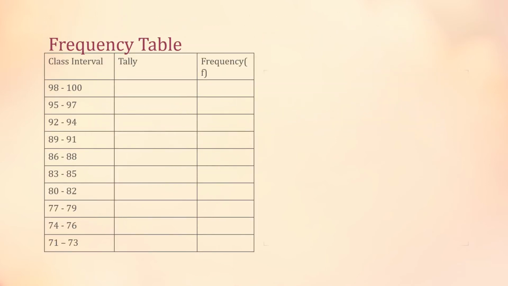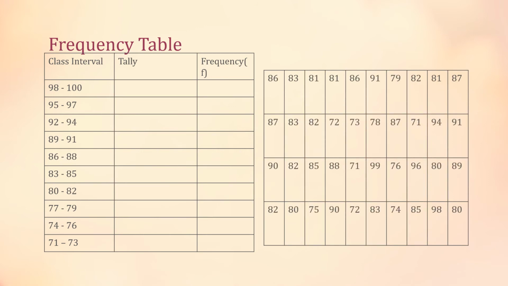Alright, so let's make a frequency table out of the scores. From 98 to 100, let's count: we have 1, 2, only two.